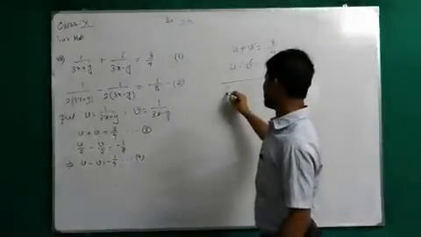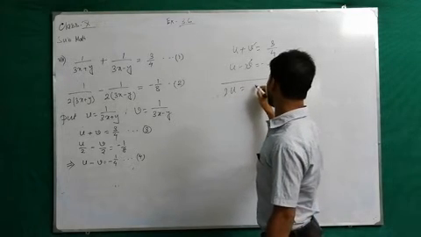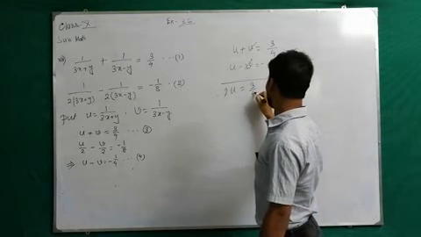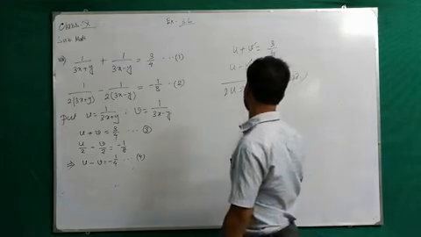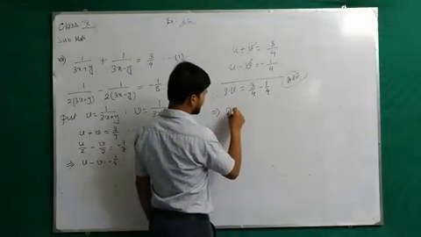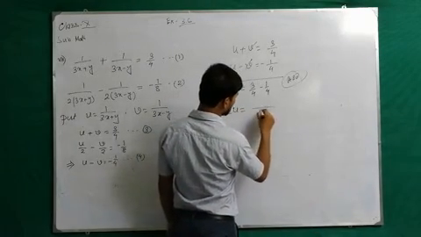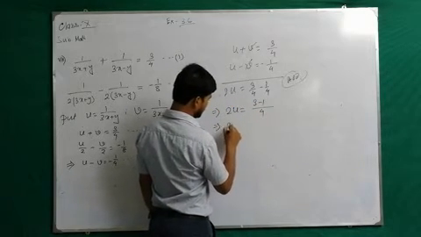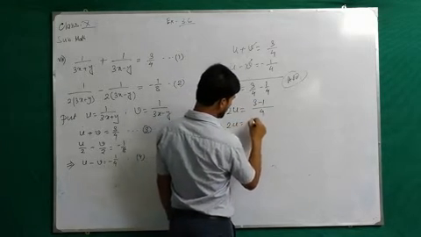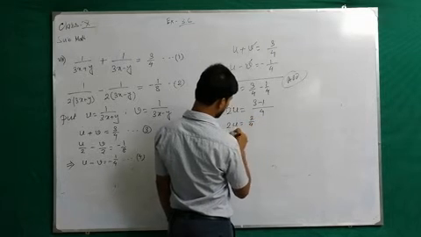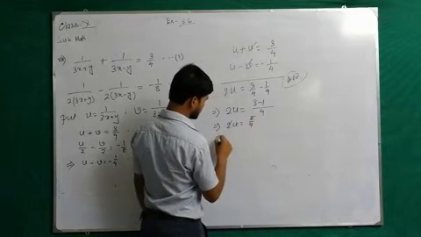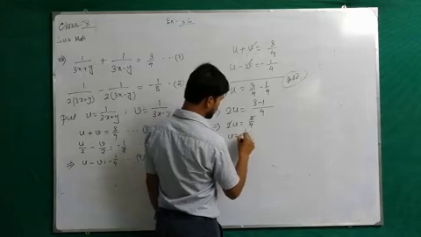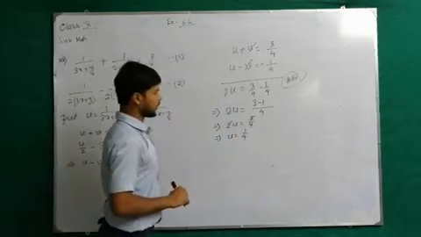So u plus u, which will be 2u, is equal to 3 by 4 minus 1 by 4. That implies 2u equal to, LCM is 4, 3 minus 1. That means 2u equal to 2 by 4. This 2 and this 2 will cancel each other. So u will be equal to 1 by 4.